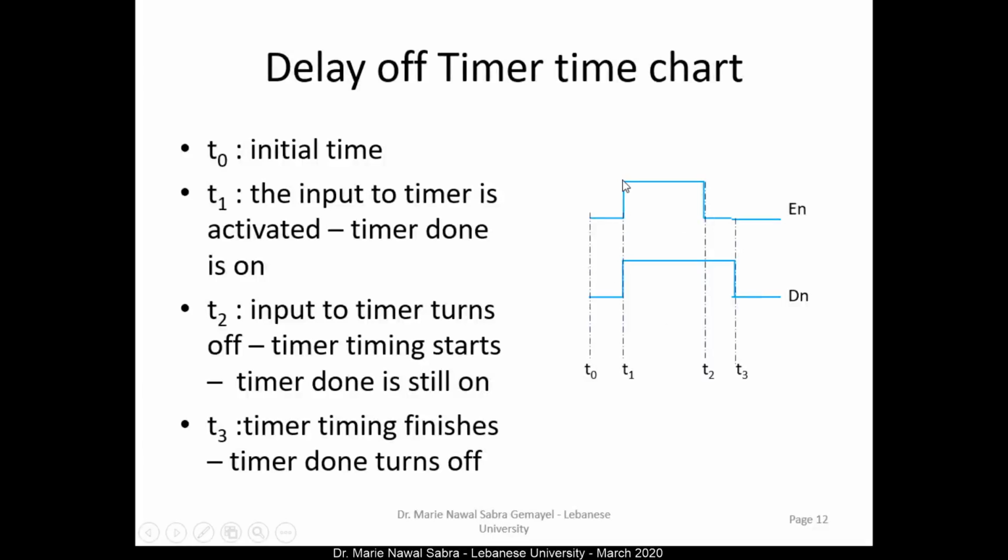The enable has turned on, the output goes on with it, straightforward. When the enable goes off, that's the input to the timer, timing starts counting, and when the timer timing finishes counting, the done bit goes back off. And of course, it doesn't need any reset because it has already reset it.